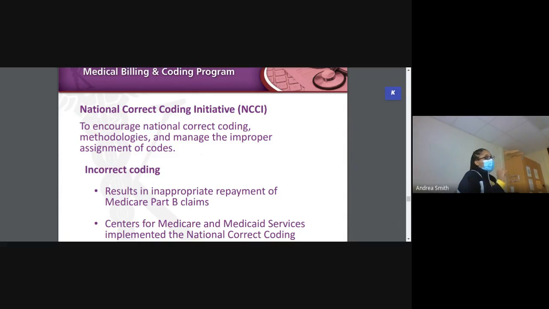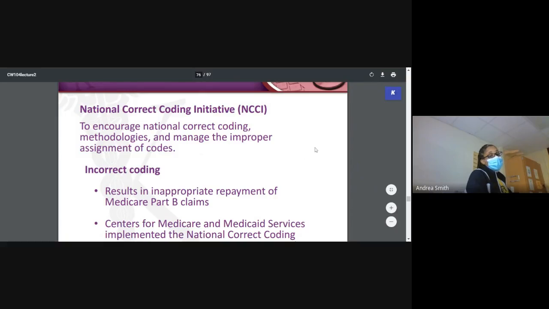This was at the very beginning of billing and coding. This is going to be on your certification exam. This is the National Correct Coding Initiative, NCCI. It's to encourage the national correct coding methodology and manage the proper assignment of codes.